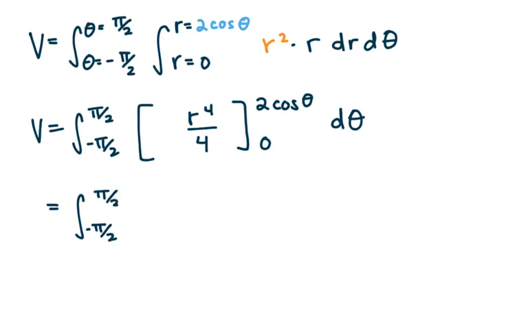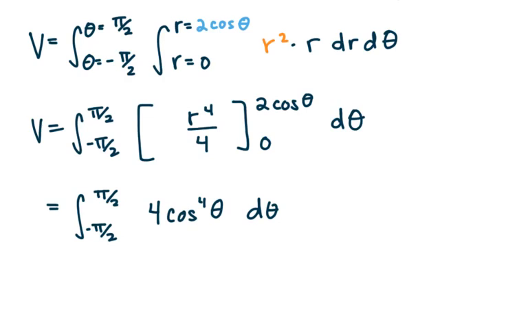So I've got negative pi over 2 to pi over 2. If I plug in 2 cosine theta, 2 to the 4th is 16. So I have 16 cosine to the 4th theta over 4, or 4 cosine to the 4th theta. And of course, plugging in 0, I get 0.